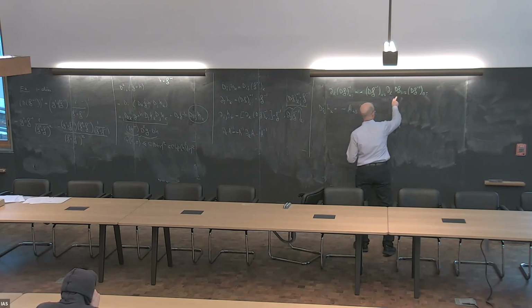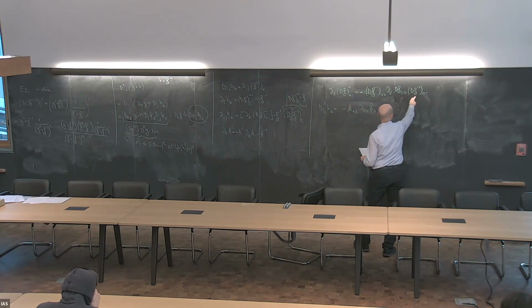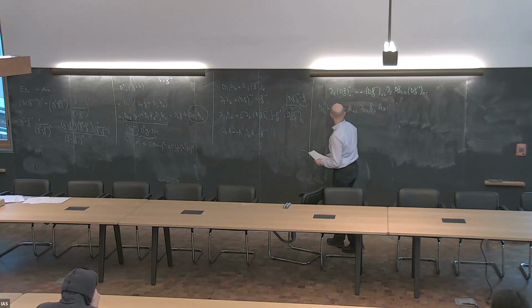Okay. Then I have this A_RI. Okay. And then I have A_LJ.